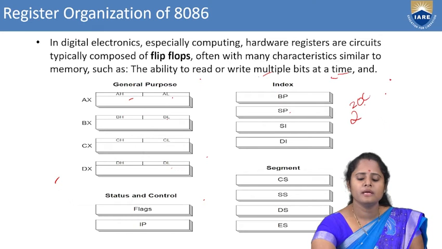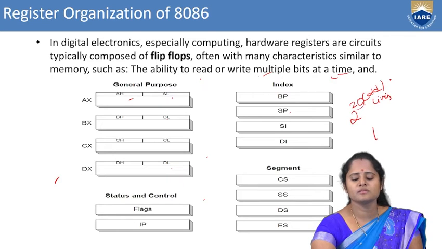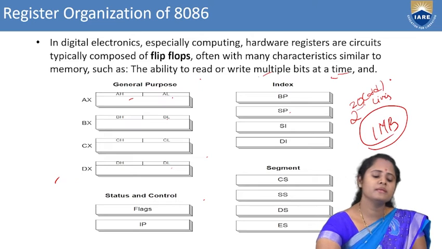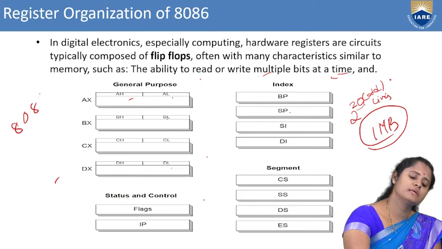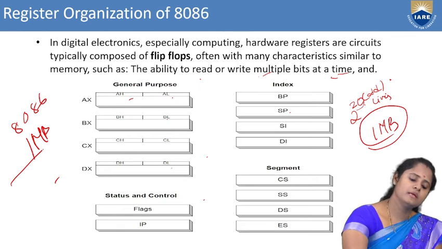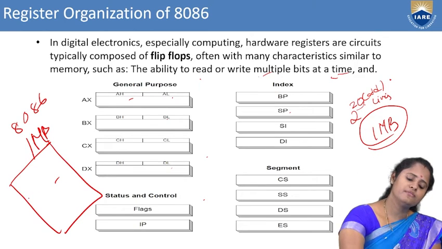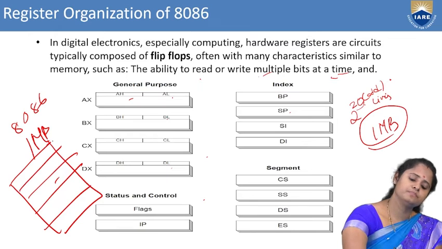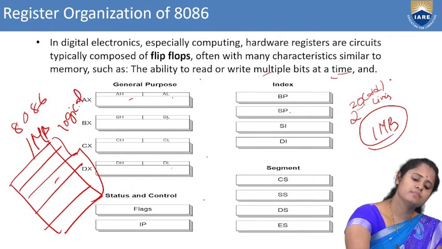So 2 power n, with n the address lines, gives you the memory locations, which is approximately 1 MB. So the memory we have in 8086 is 1 MB. This 1 MB memory is divided into different logical segments.